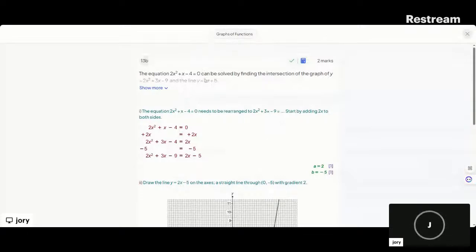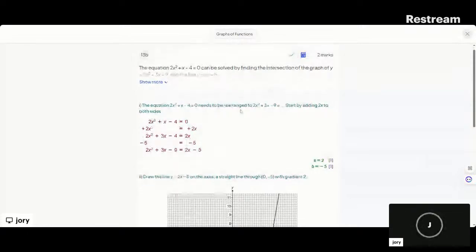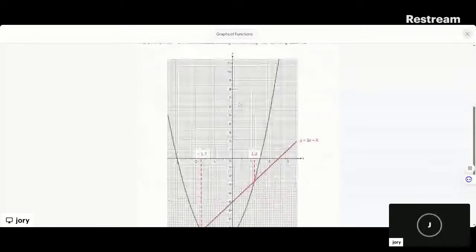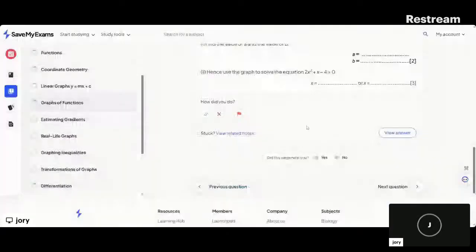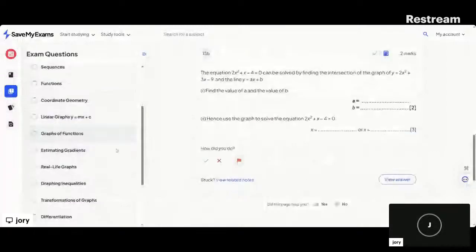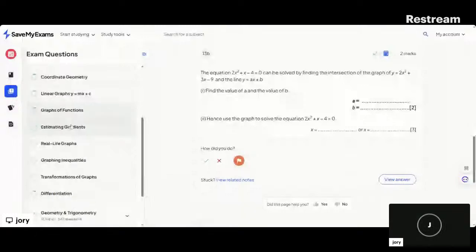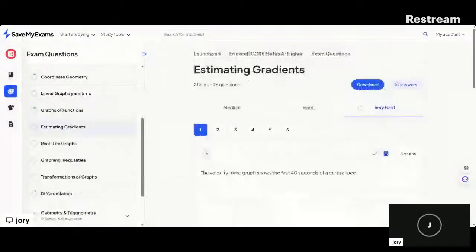Okay, I get that. Okay. Let's try something else. Estimating gradients, very hard. Very, very hard.